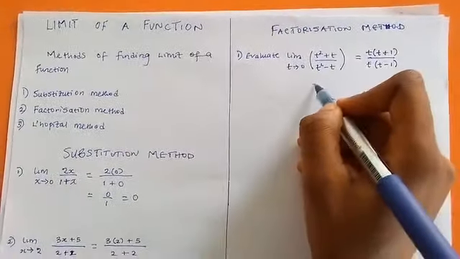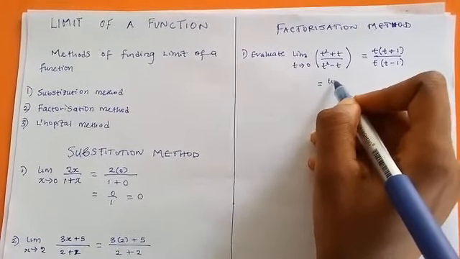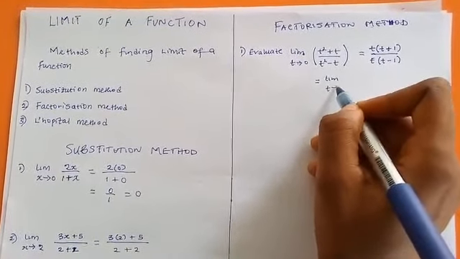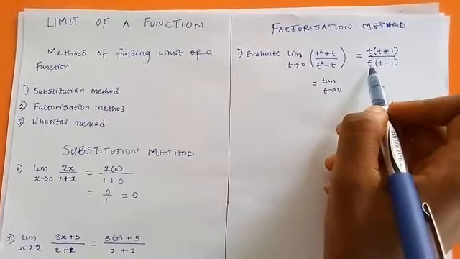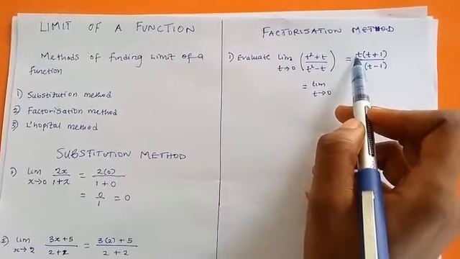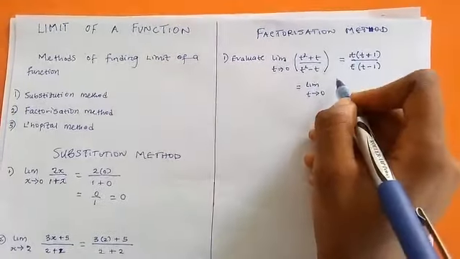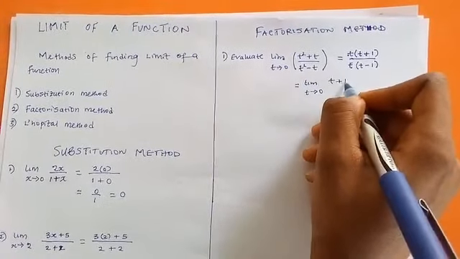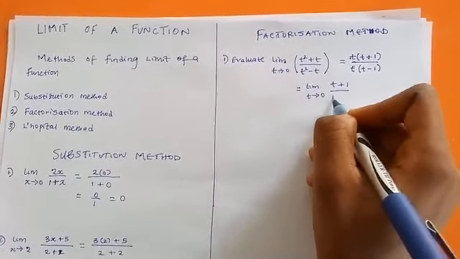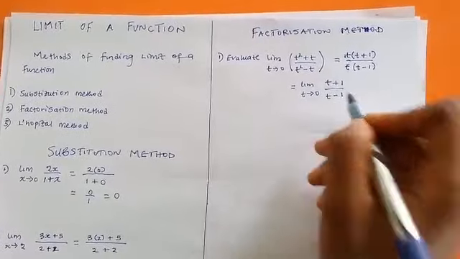So from here, we have our limit as t tends to 0 of, this t will cancel this t and we'll be left with t plus 1 over t minus 1.